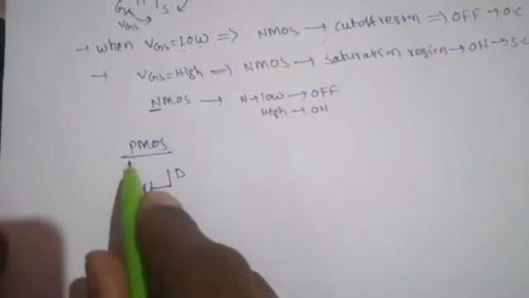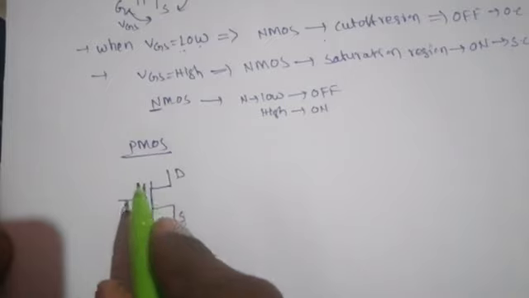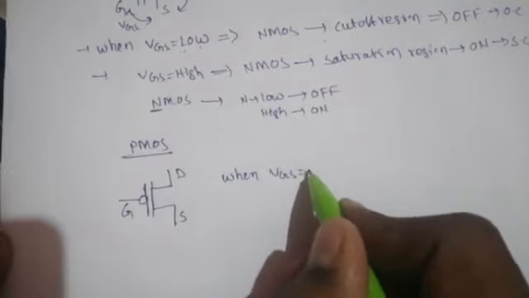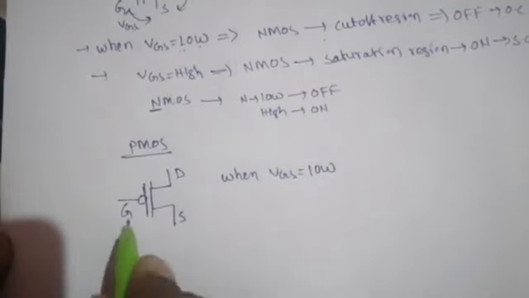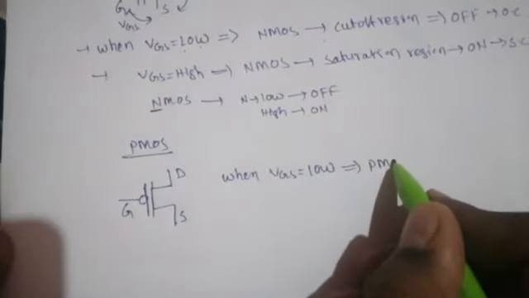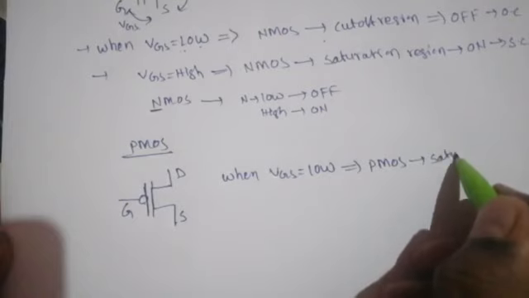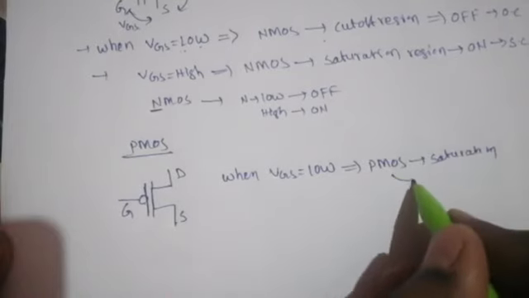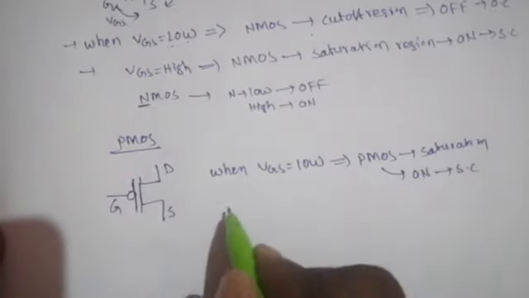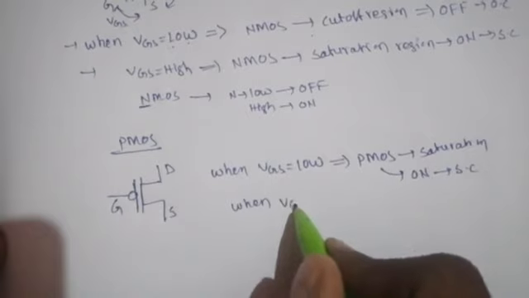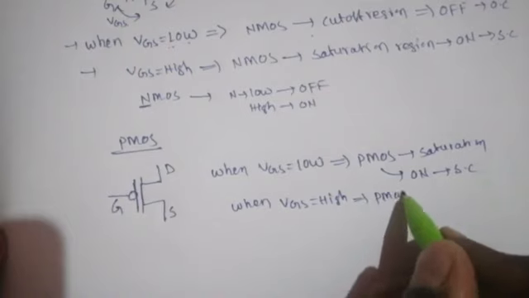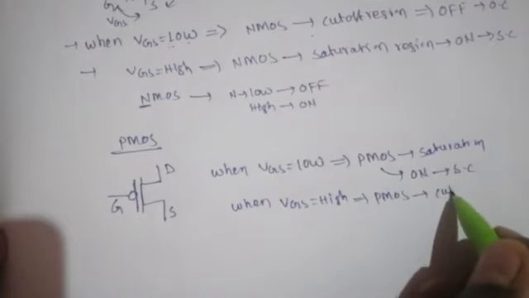When the gate to source voltage VGS is low, after the bubble it becomes high voltage, so PMOS operates in the saturation region. In saturation it is on, acting as a short circuit. When VGS is high, the PMOS transistor operates in the cutoff region.